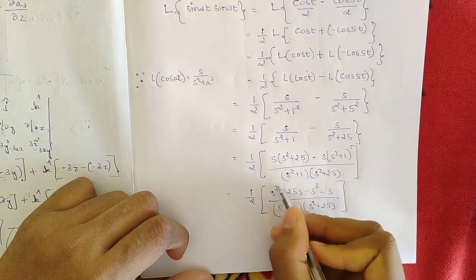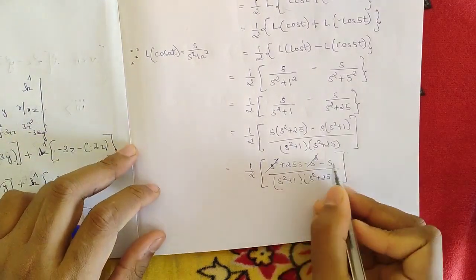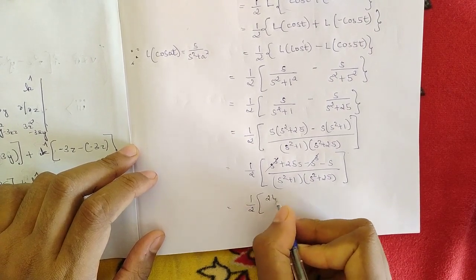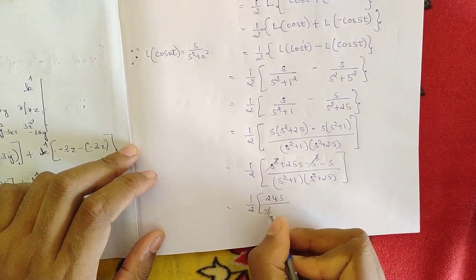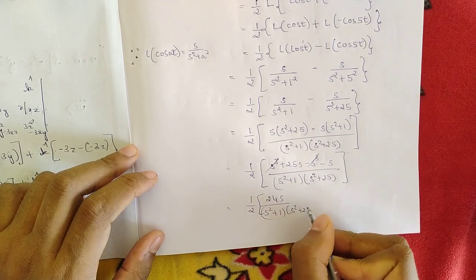Here s cube and minus s cube get cancelled. So we are left with 25s minus s, that is 24s, divided by (s square plus 1) into (s square plus 25).